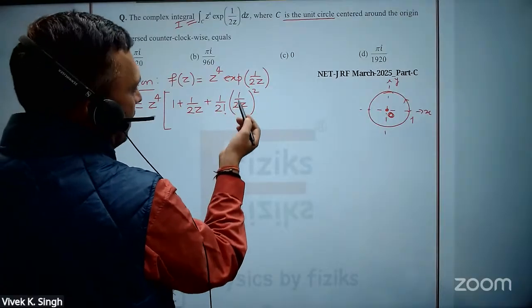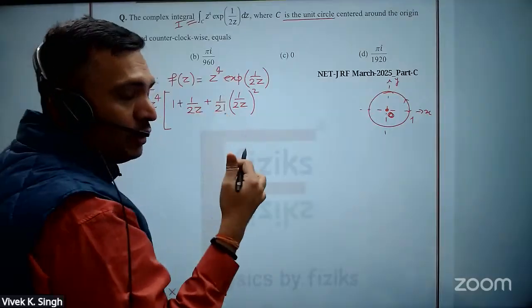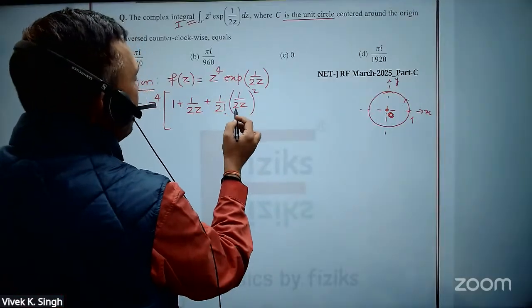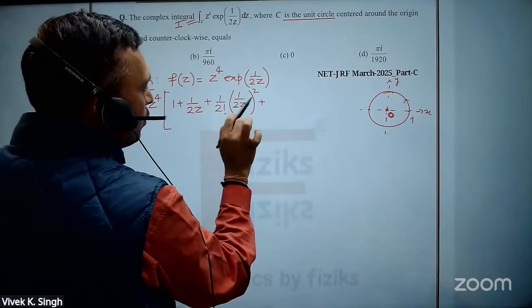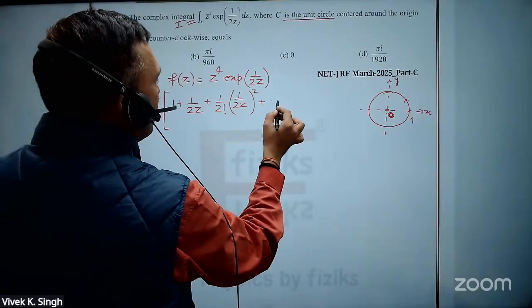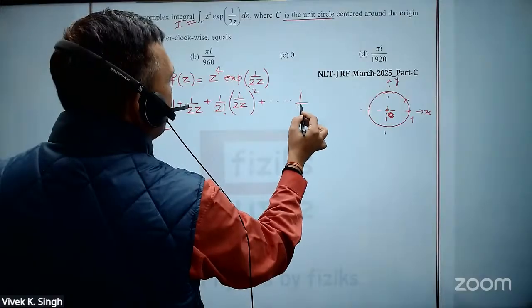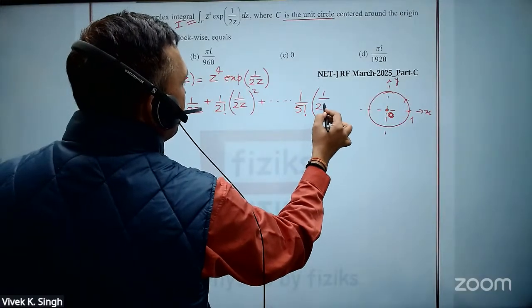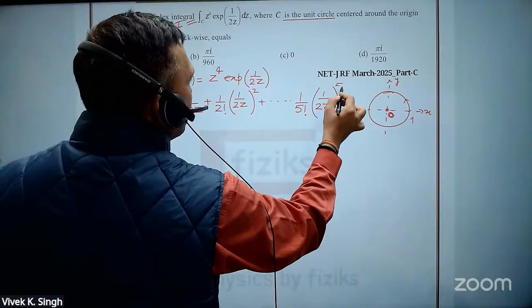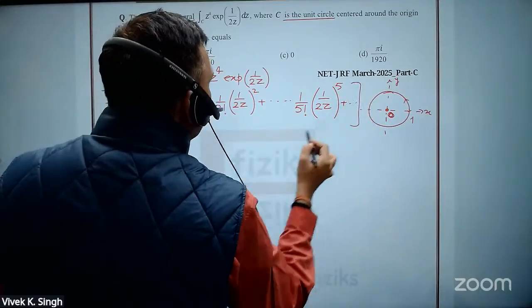So that's why I'm taking an expansion. You will see you will get z equal to 0 as a singular point. If you write this expansion, because here z power 4, we are focusing on 1 by z terms. So if you write 1 by factorial 5, this will be 1 by 2z power 5 and so on.